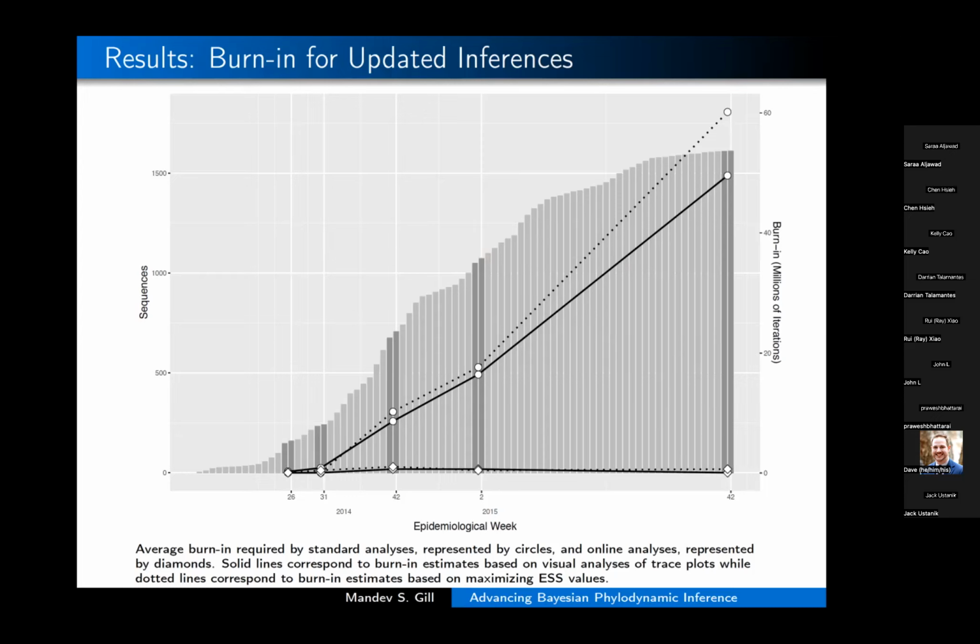So notice that all the diamonds are close to 0. Solid lines correspond to burn-in estimates based on visual analyses of trace plots, while dotted lines correspond to burn-in estimates based on maximizing effective sample size values. And we see that under the online approach, the burn-in is, in all the cases we consider, virtually eliminated.